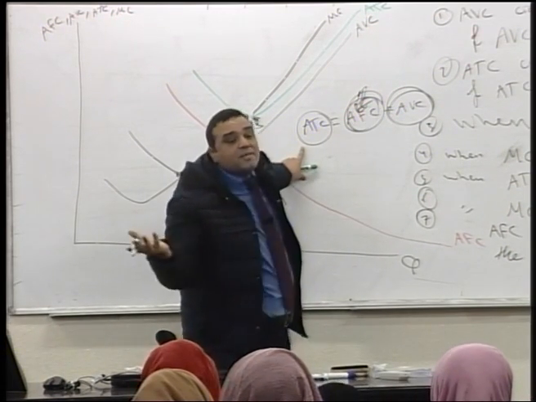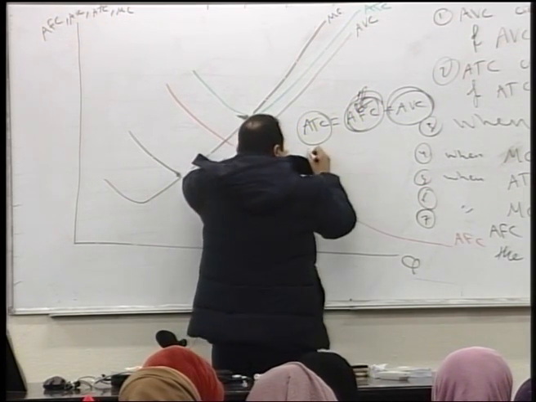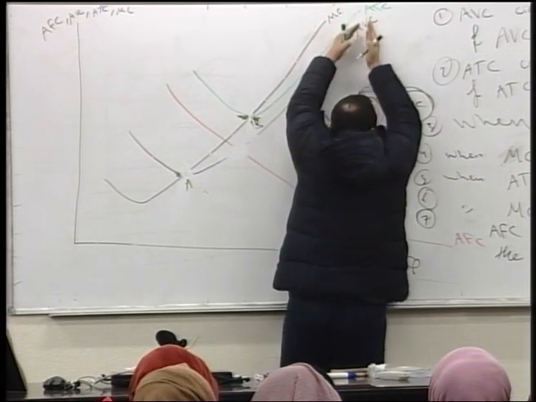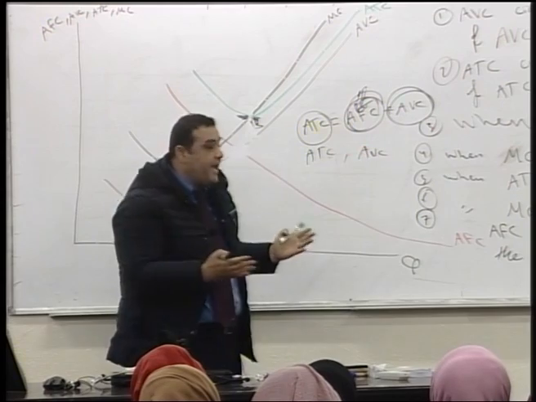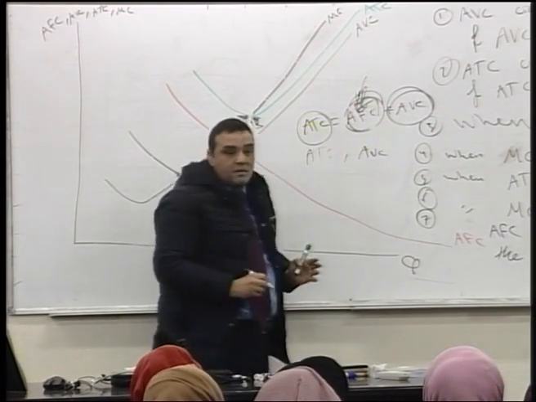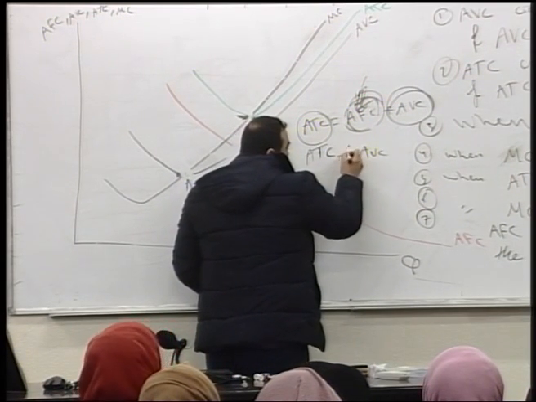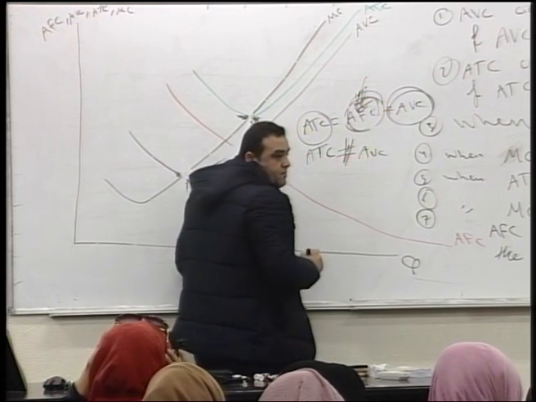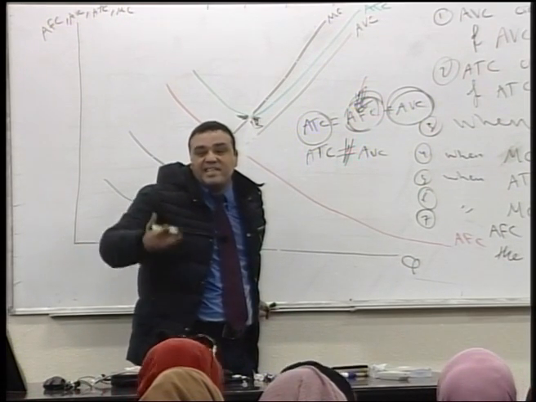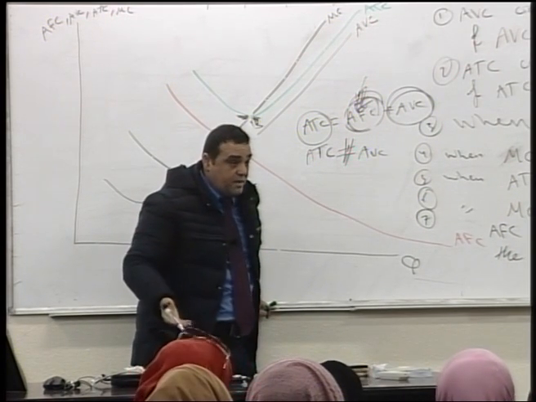And that happens only in the long run, of course. In the short run, ATC and AVC get closer together because AFC is decreasing. But in the short run ATC never equals AVC, because AFC is always positive, bigger than 0 in the short run.